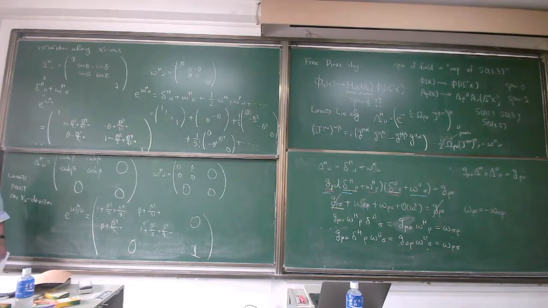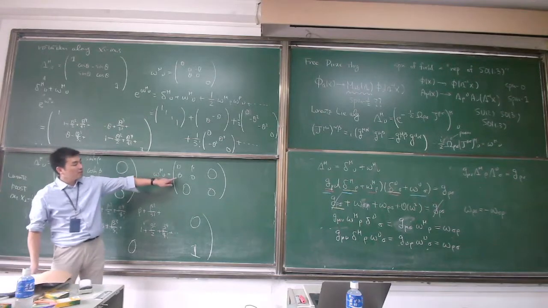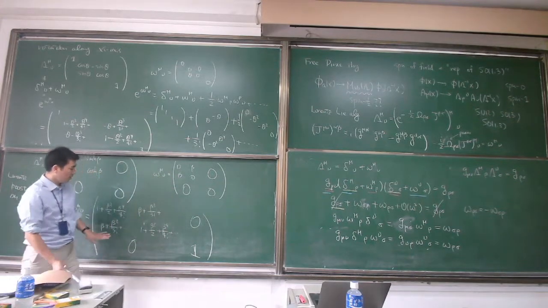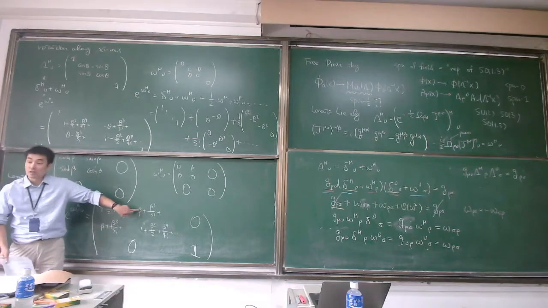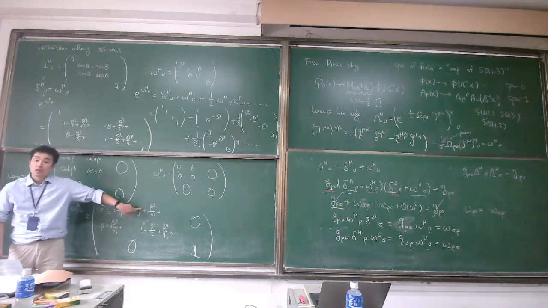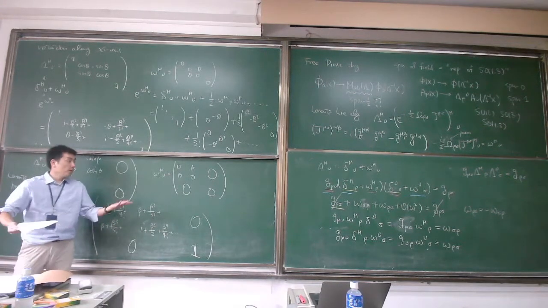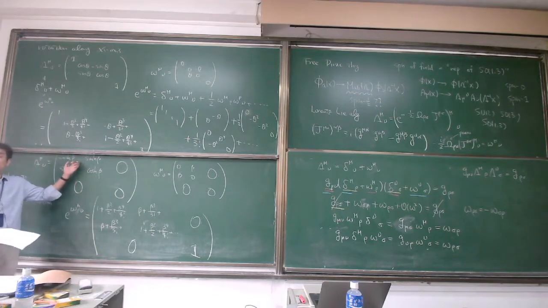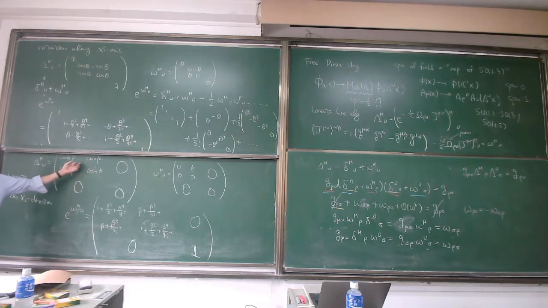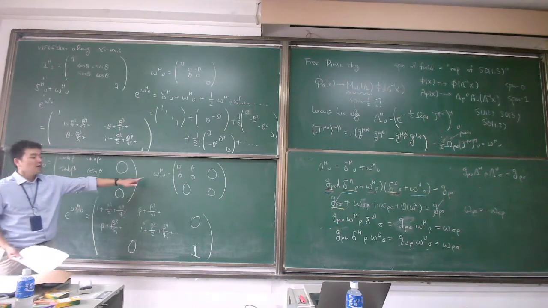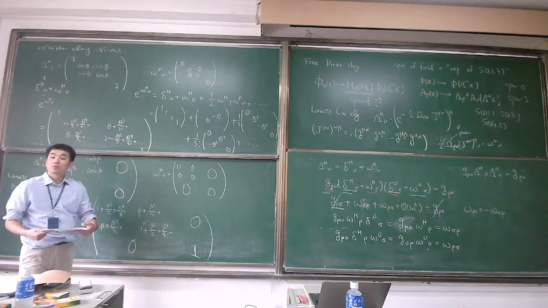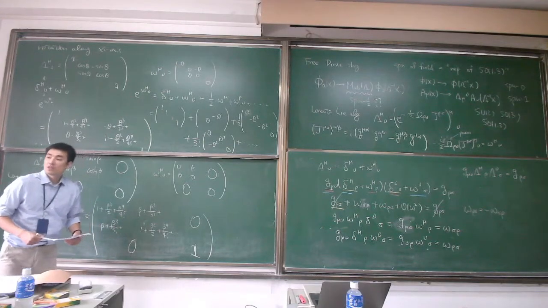So if you only look at the leading term, beta only, this part survives. But if you put it into the exponent, you can reproduce this Lorentz boost. Okay. So that's why this is the infinitesimal transformation of the Lorentz boost. Do you agree?